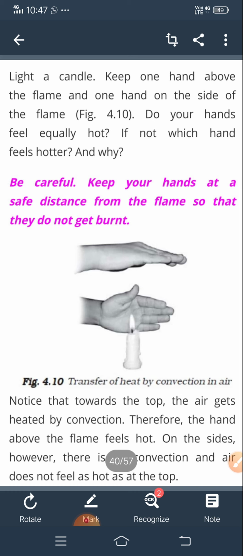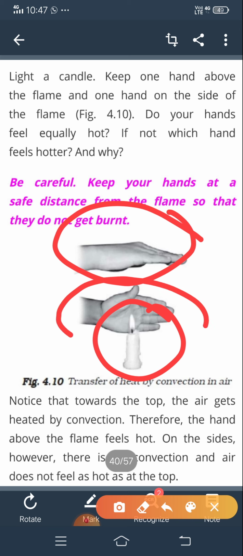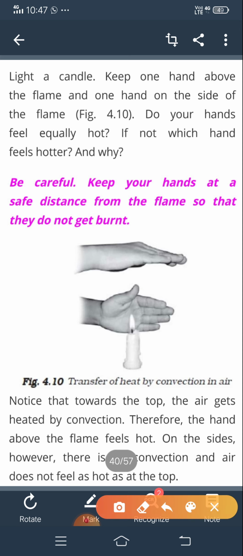See another example. Take a candle, keep one hand above the flame. It is the same example as the last one. Just take one candle and keep one hand above the flame and another at the side of the flame. Next, do your hands feel equally hot?